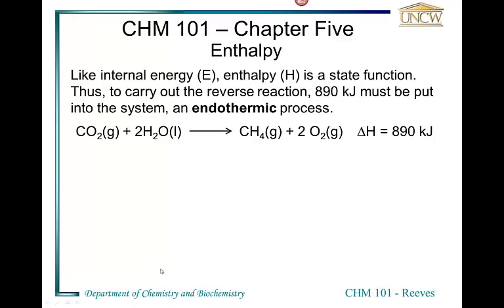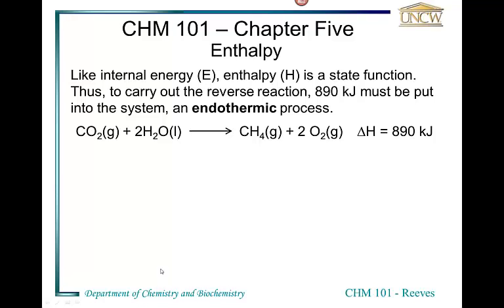Now, that's not to say that I could put CO2 and water in a bucket and pump in 890 kilojoules and expect to make methane and oxygen. The world is more complicated than that. I wish we could do that. We would solve the energy crisis pretty quickly, but we can't.